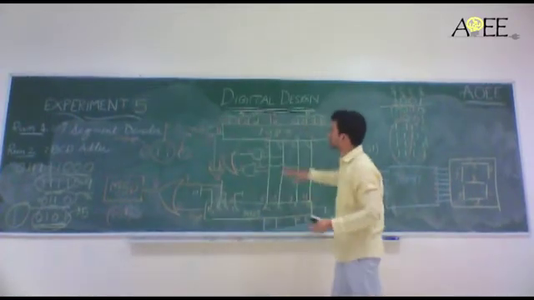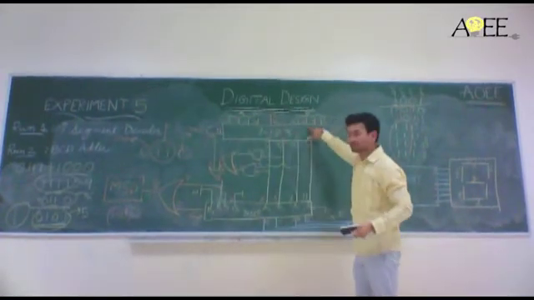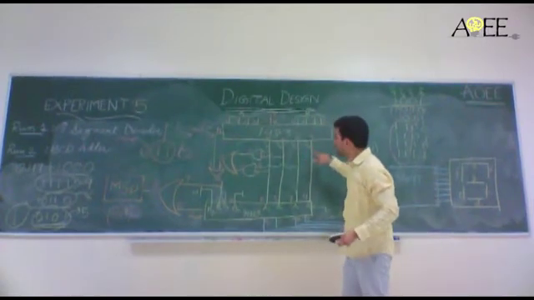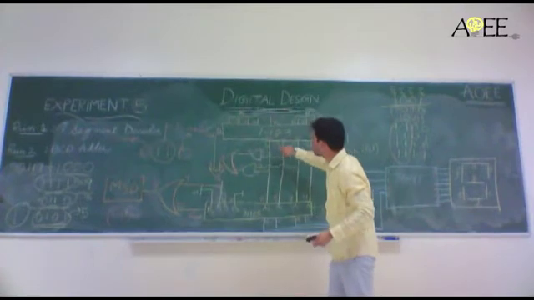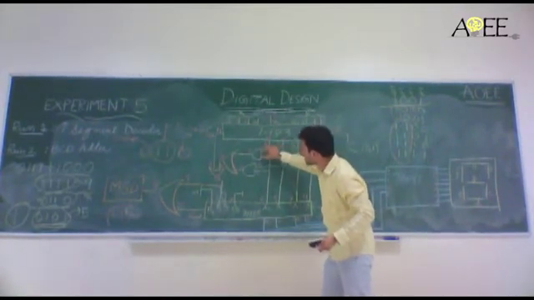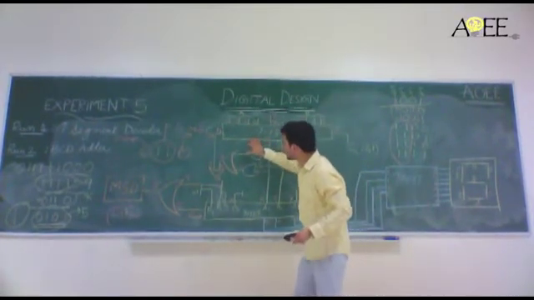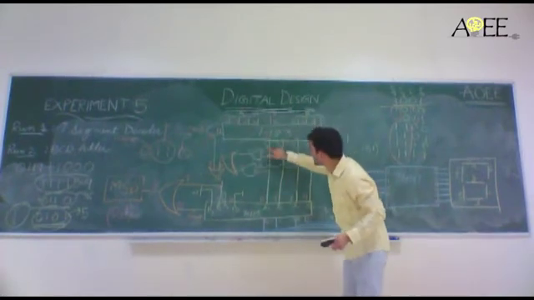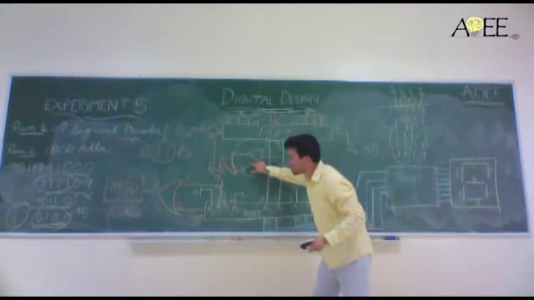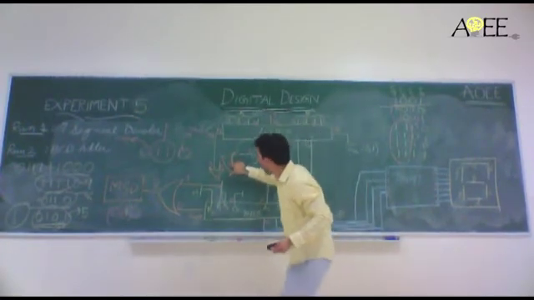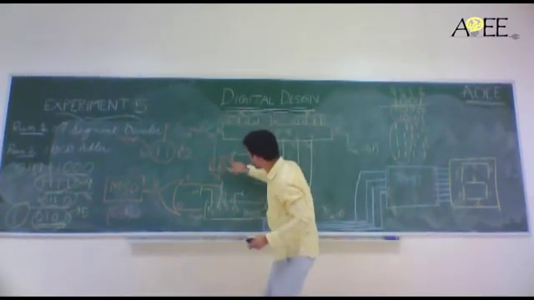So see the logic. Two numbers added, you get the sum. If S3 and S2 combined are equal to 1, or S3 and S1 are equal to 1, or the carry is equal to 1.